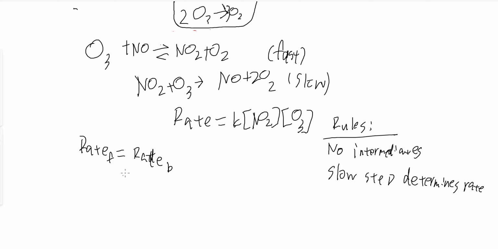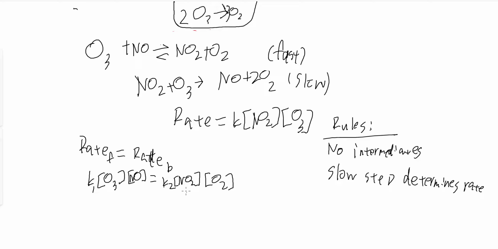So we can say k1 times O3 times NO is equal to k2 times NO2 times O2.